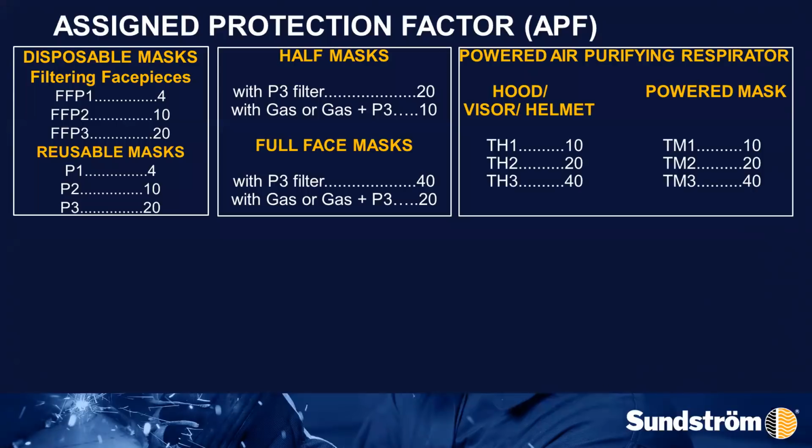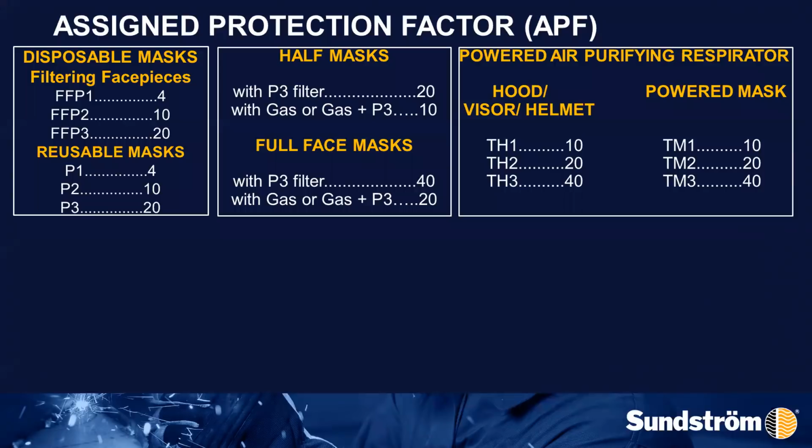The next step up, and what we're seeing more and more of within the construction industry, are powered respirators. A caution for you here, they aren't all the same. So in the same way as disposable masks, powered respirators have got 3 levels, 1, 2, and 3. If it's a hood, it's a TH, and if it's a mask, it's a TM. That stands for turbo hood and turbo mask. So for construction, we need to be very clear.